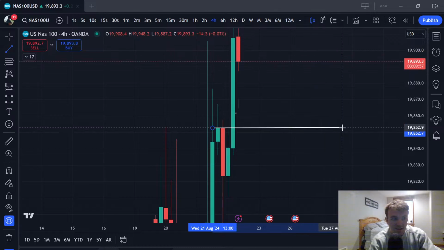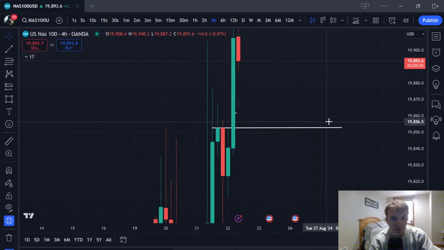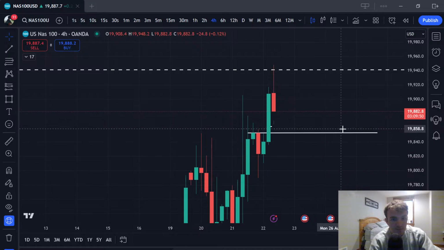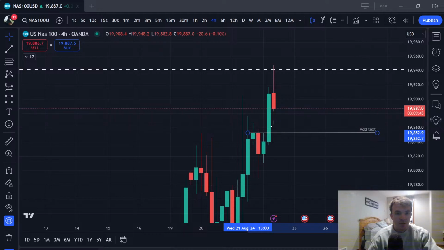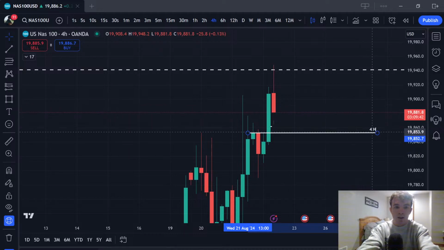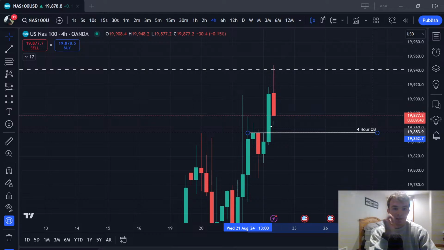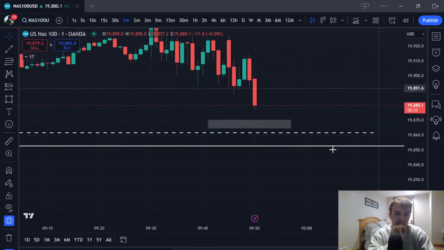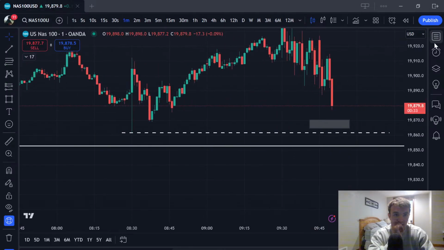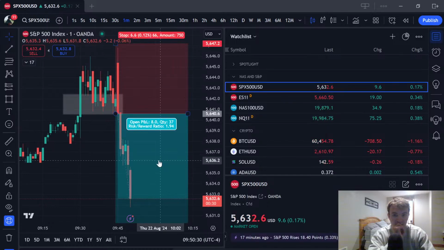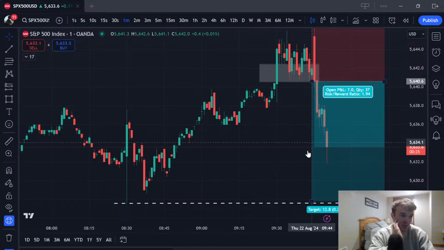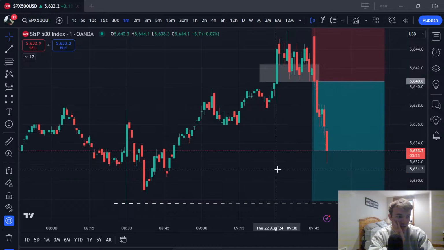So I could see us come down. It looks like it's happening, right? 4-hour OB. Oh yeah, it's happening. So I want to see us come down, take out the data low like we are anticipating on the S&P, which it's happening. So this trade is playing out like we expected it to so far.